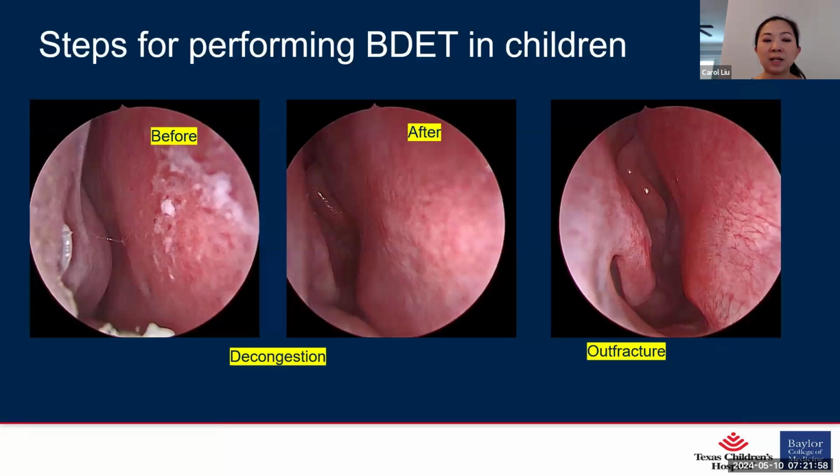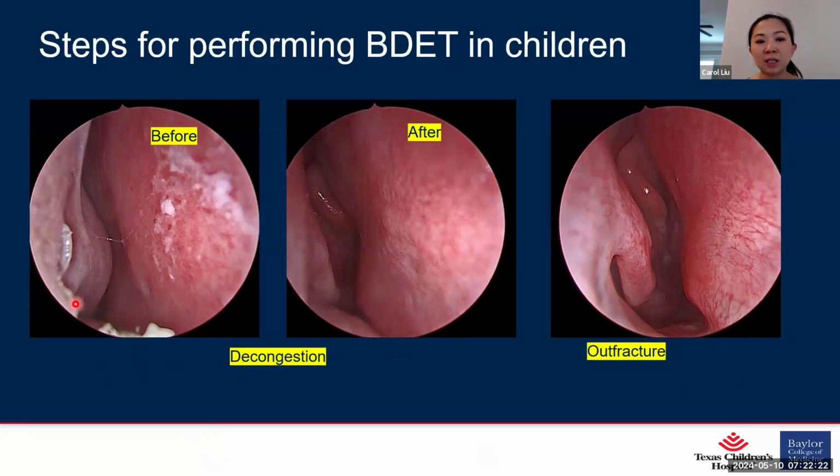What I'm talking about is what we typically look at in the kids. Here's the septum, here's a turbinate. This is before we start. And this is after we've placed the Afrin pledgets for decongestion. And this is after we're using the balloon for outfracturing of the inferior turbinate.